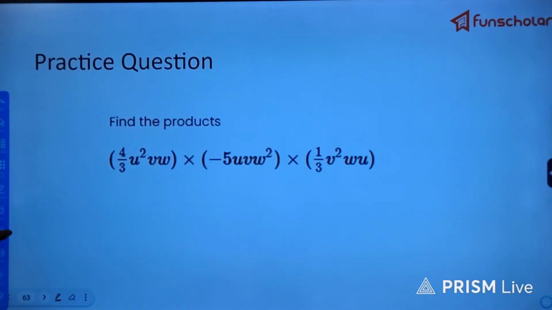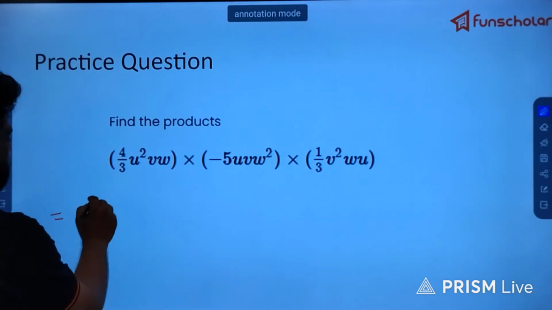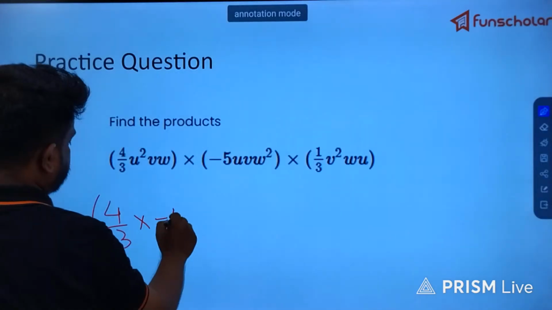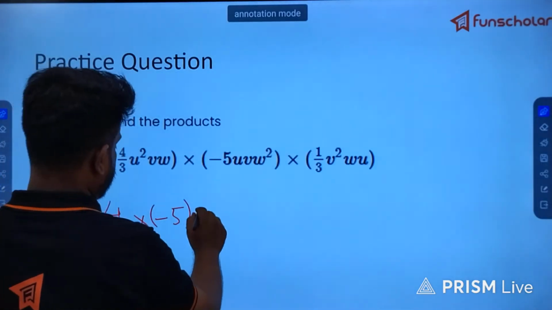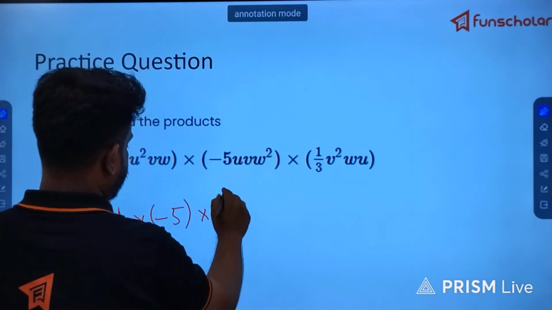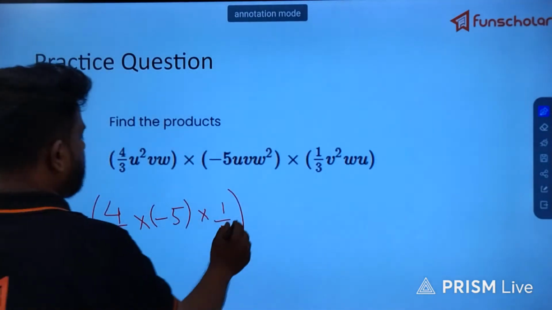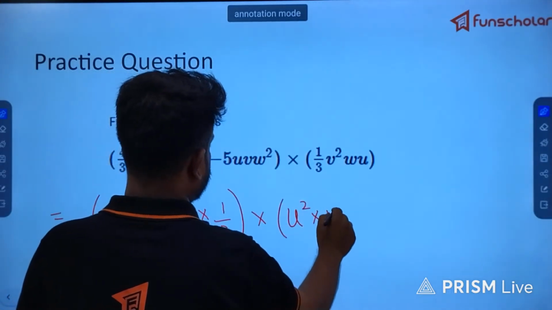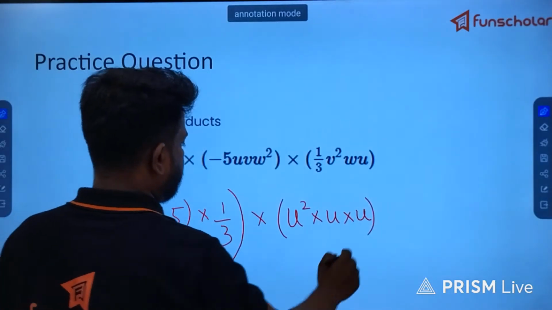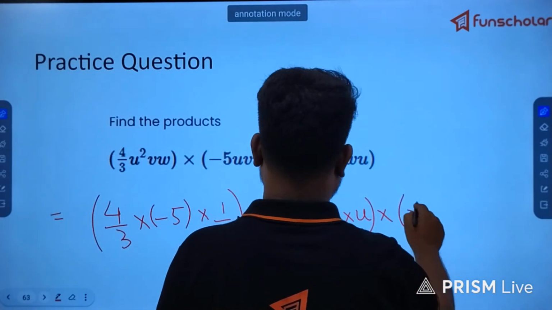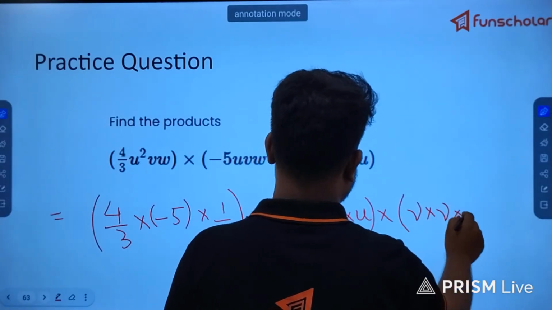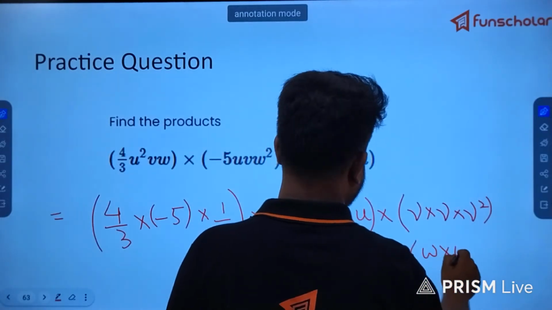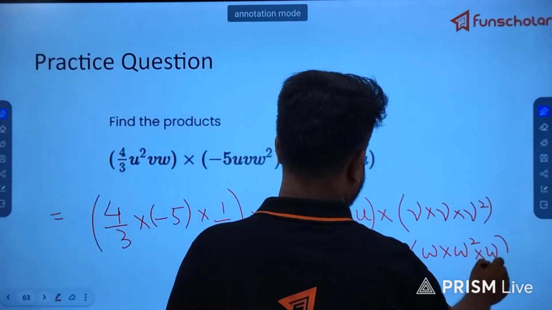The next one is this one. First, multiply all of the coefficients. And then we have u square into u, into v into v square, then again into w square into w.